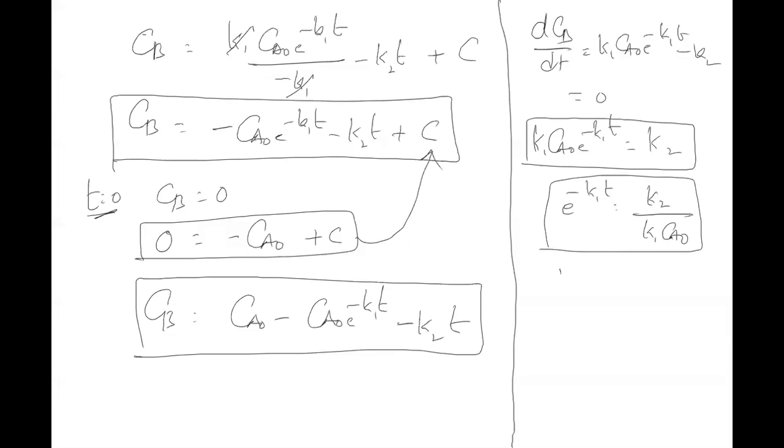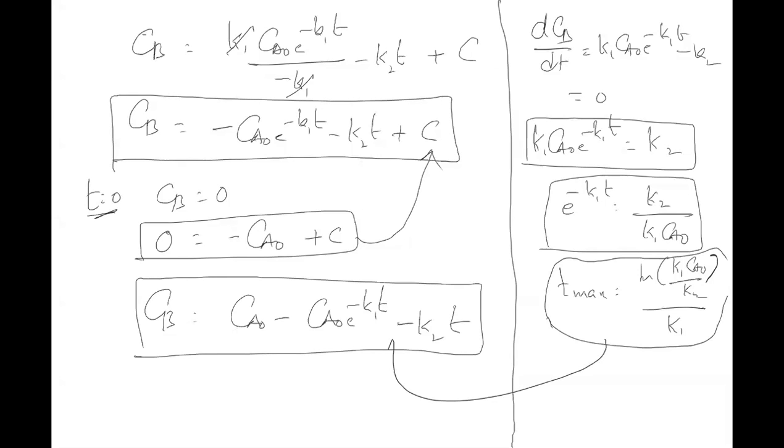Then take log on both sides. Substitute this T max here, then you will get CB max.